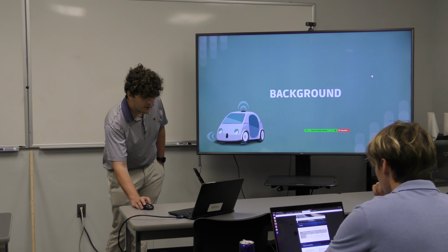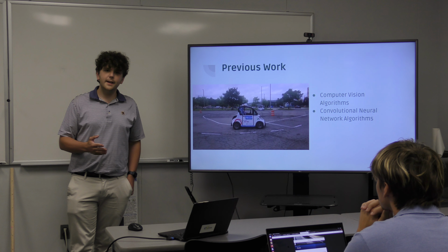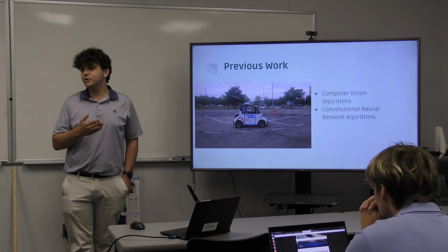But on the other hand, with convolutional neural networks, we're able to give those networks a set of data and they're able to extract the patterns. Convolutional neural networks work with spatial information processing. So in our case, they would process the images, detect the road lines, and determine the angle that we should be turning at.